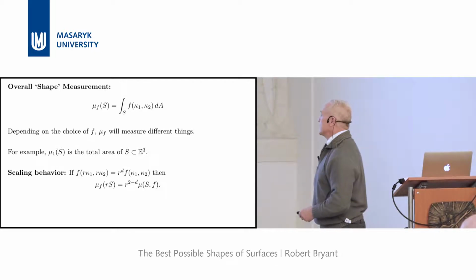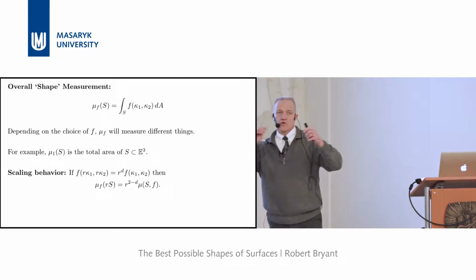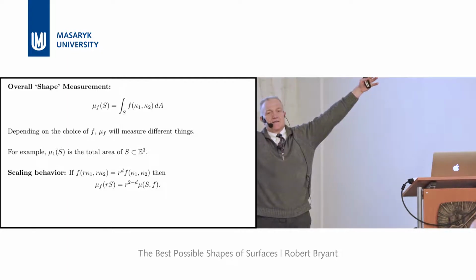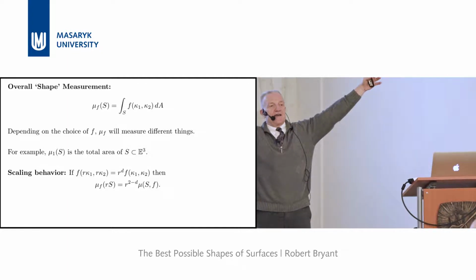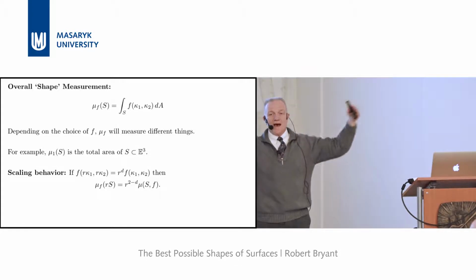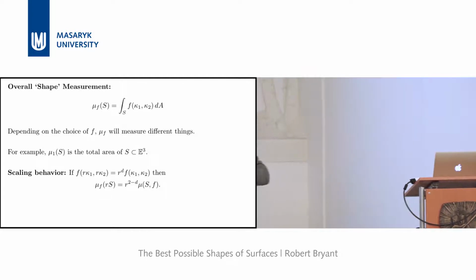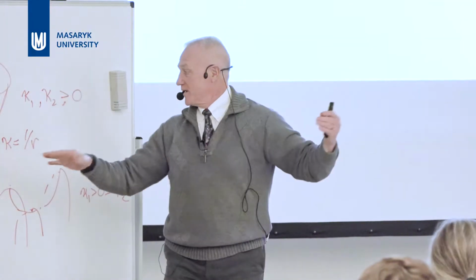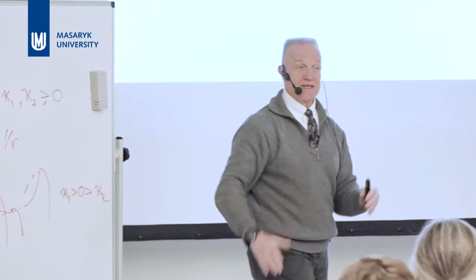On the other hand, there's another problem, which is that if you take a surface and you double it in size, what will happen is that the curvatures will all go down by a factor of 2, because every time you magnify, the circle that's approximating it will magnify its radius by that same amount, and 1 over it will decrease by that same amount.